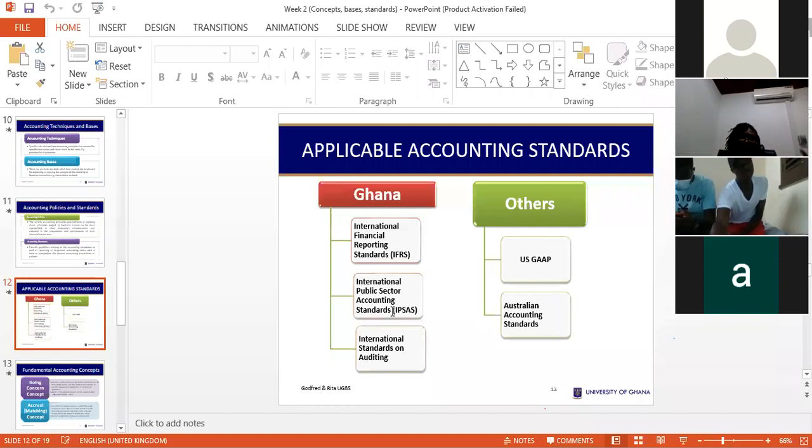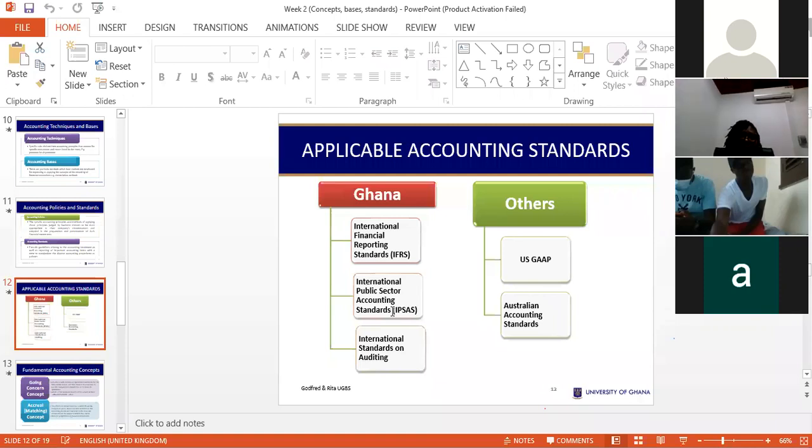So the old ones that have been repealed, meaning that they are old and outdated, they pull them off, review them based on the environmental issues, and then they put in a new guideline for us to use and adopt. So now we have about 17 IFRSs, talking about various issues and how we should treat them for purposes of accounting for them in the books.